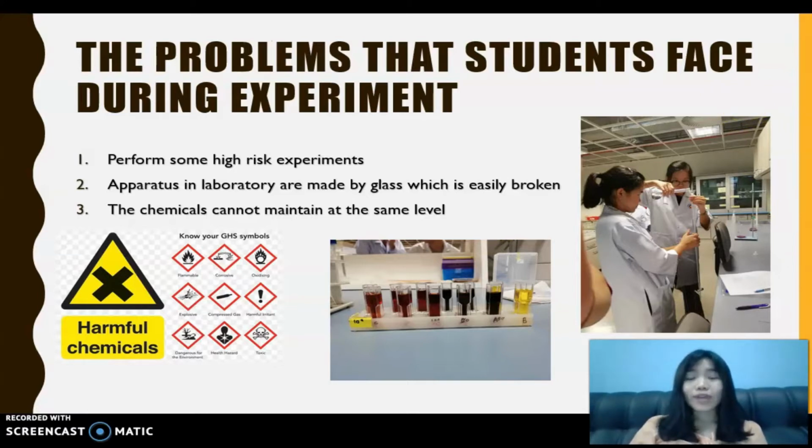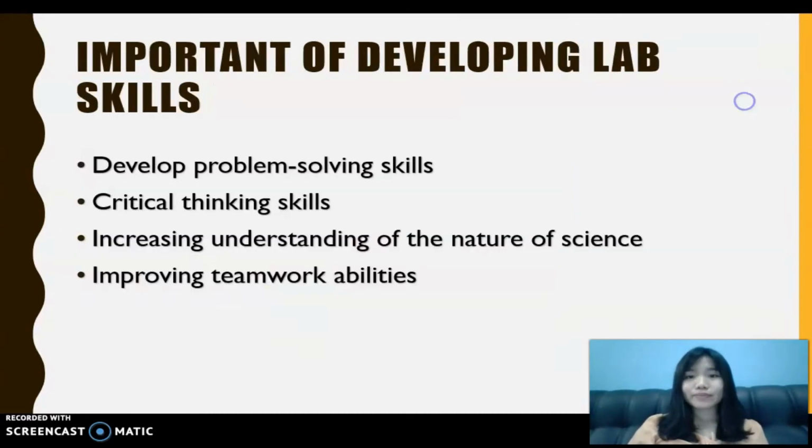Next, most of the apparatus in the laboratory is made of glass, which breaks easily, such as beakers, glass droppers, and burettes. Last but not least, the chemicals cannot be maintained at the same level, so the measurement accuracy and the workflows will not be efficient enough.